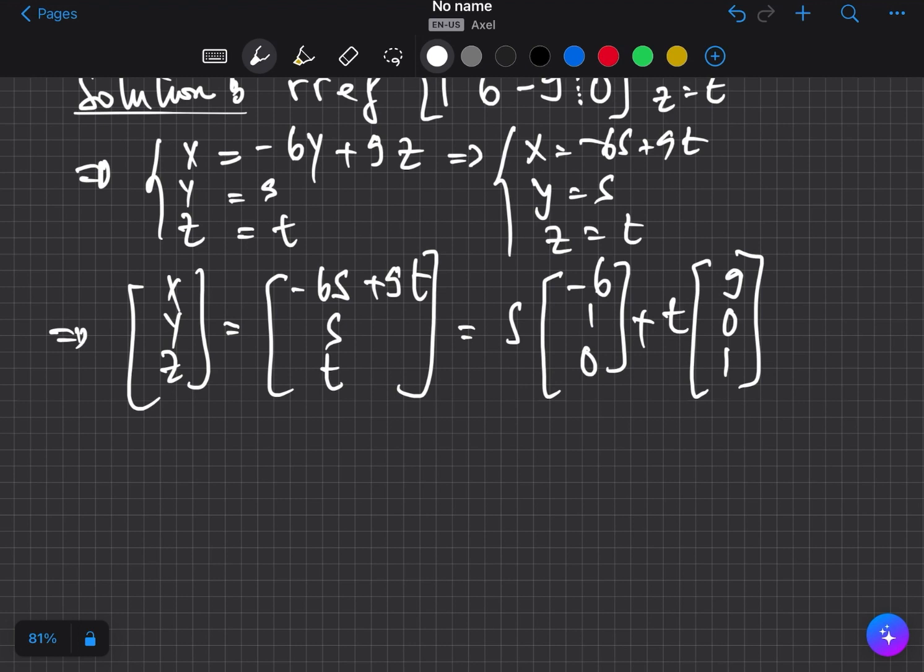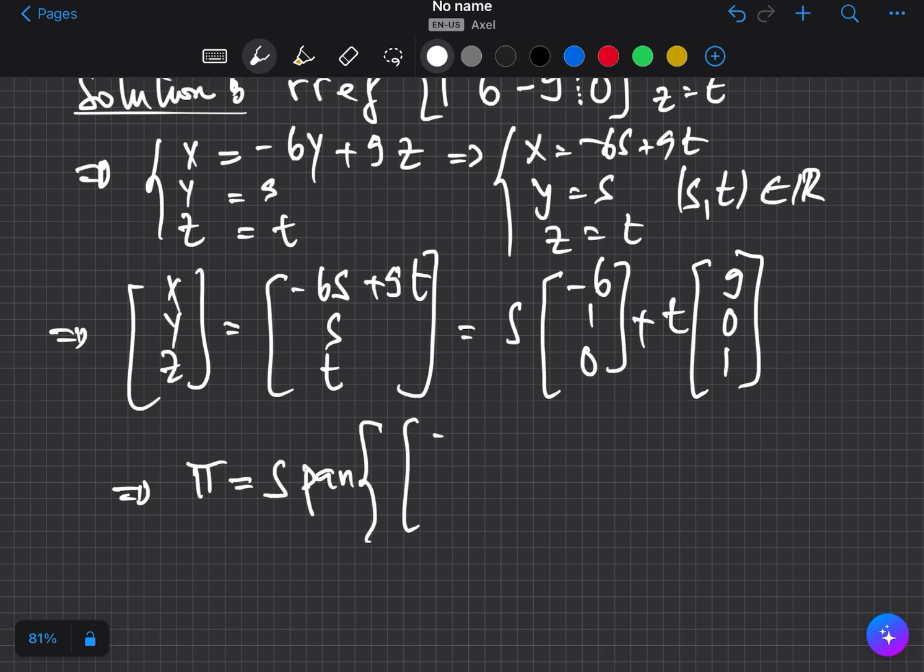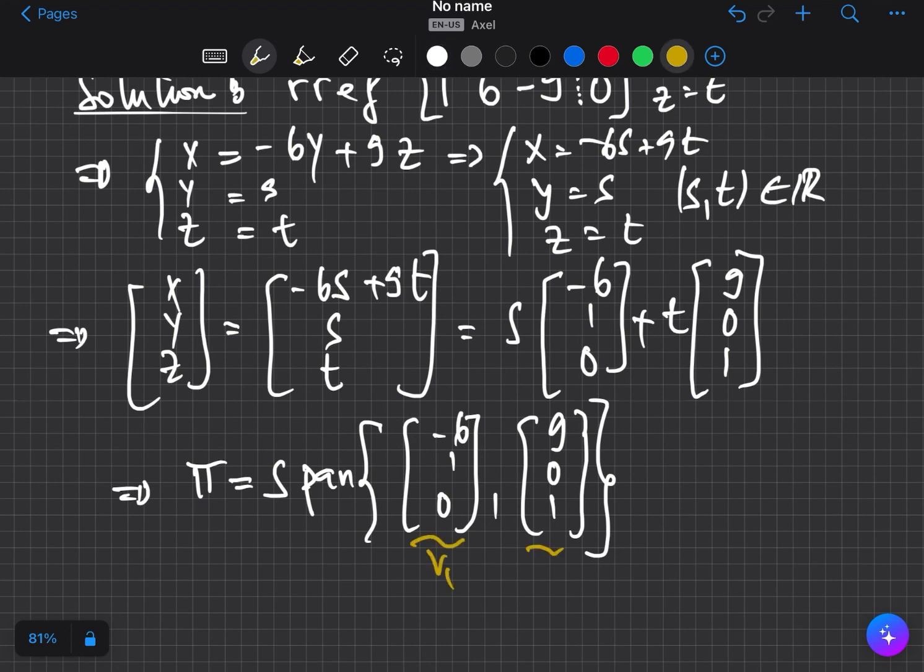So what do we have here? Remember that s and t are any scalar. Having said that, this will lead to the fact that pi will equal the span of minus 6, 1, 0 and 9, 0, 1. You can call this V1, vector 1, and V2.